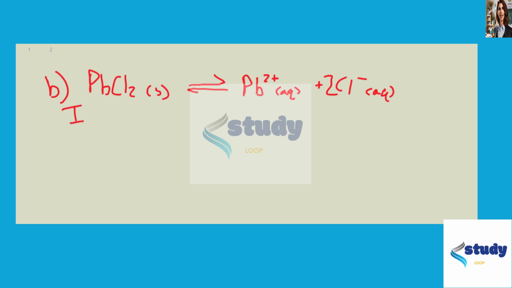So we draw our ice table, disregard the solid, plus S for lead and plus 2S for chlorine, and then S and 2S for the equilibrium.